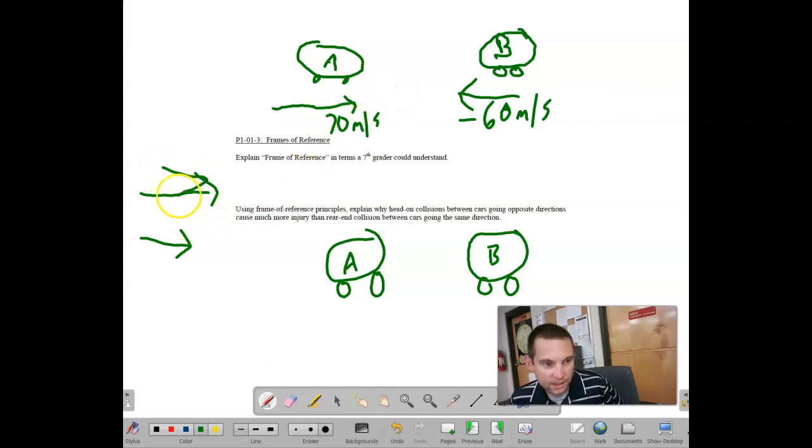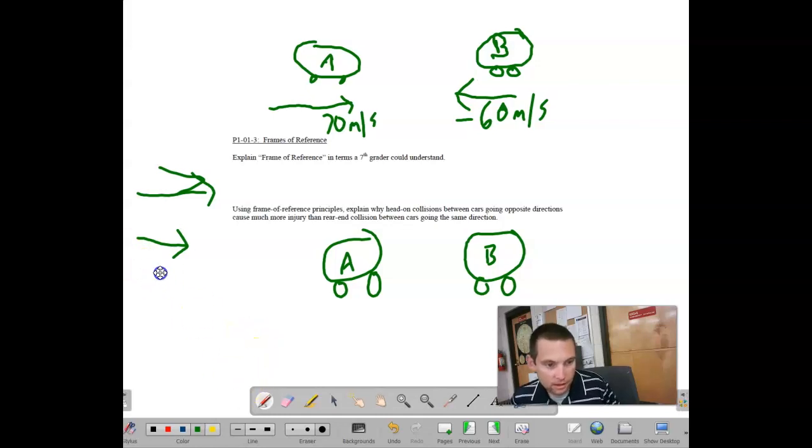So the 70 and the 60 are totaled together to become a much larger vector. Not to scale, but if we add these two together, I think it's clear we're going to get a larger vector. And in fact, that vector is the same thing as going 130 meters per second.